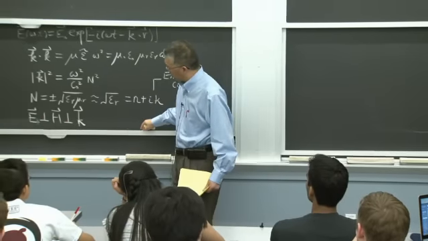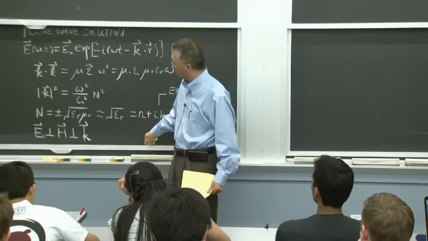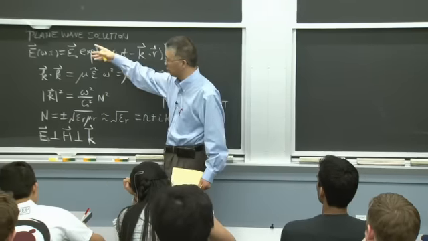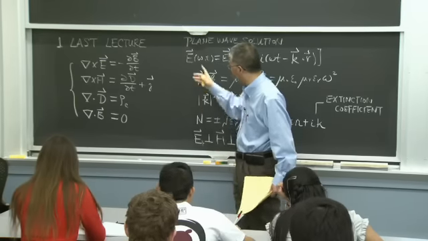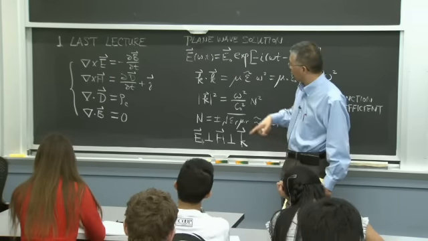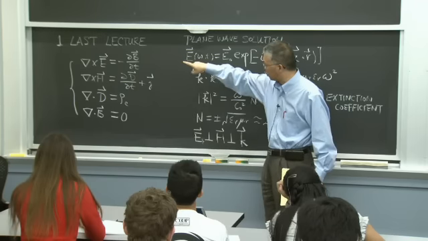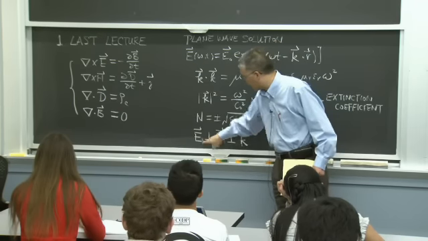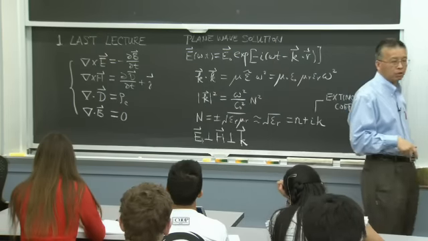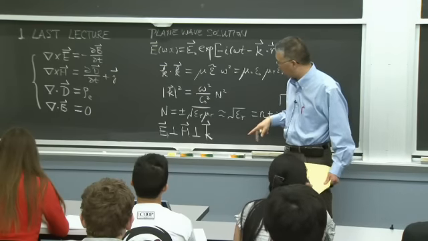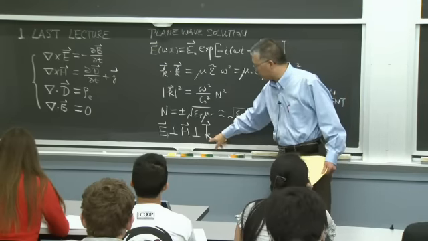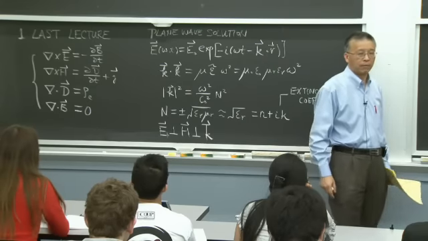And basically these are all characteristics you can derive from the equations, right? If you plug in the plane wave solution, you find this is E. You can also use that to find the H. Then E is perpendicular to H. So the two fields are perpendicular to each other, and both are perpendicular to the direction of propagation.